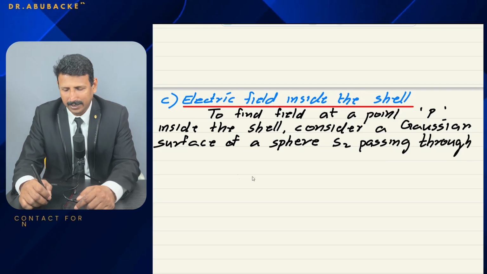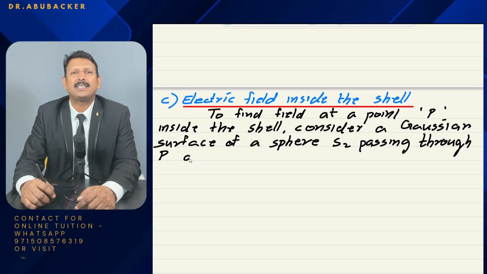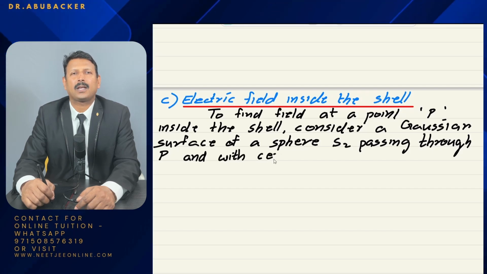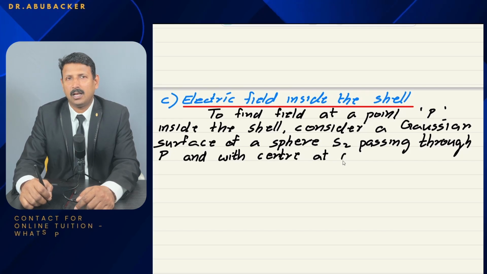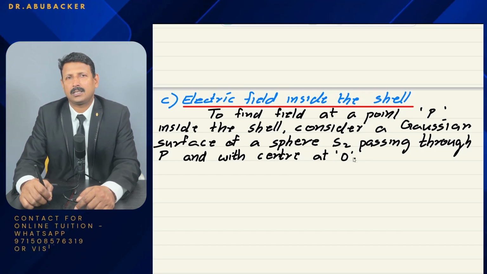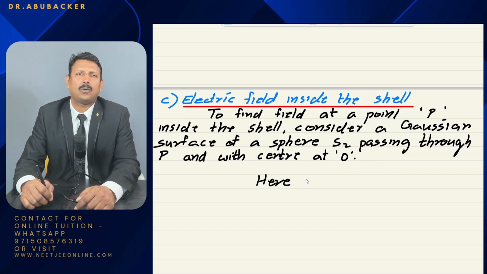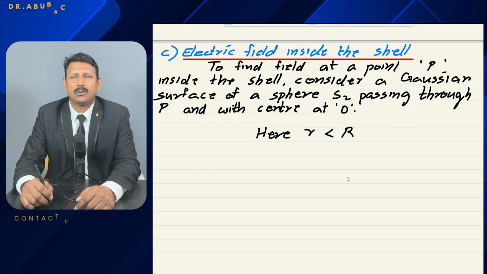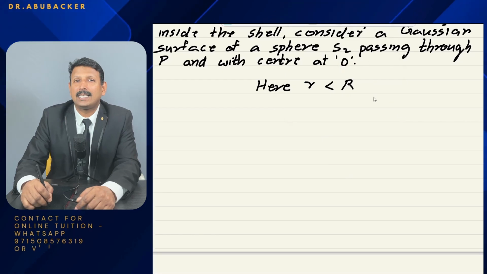So consider a Gaussian surface, a sphere S2 passing through P. That is, the point P is inside the original shell, and imagine a Gaussian surface at the point P in the form of a sphere of radius small r and center O. Here you know that small r is less than R because the point P is inside the shell.